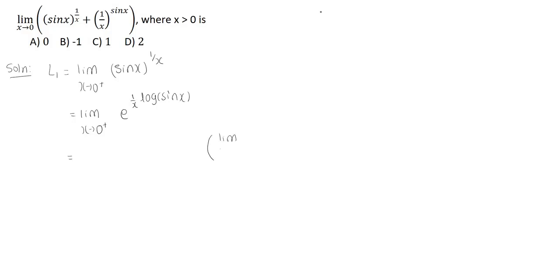As x tends to 0 plus, 1 upon x will tend to plus infinity, and log of sine x: see over here, sine x tends to 0 and therefore log of sine x tends to minus infinity.